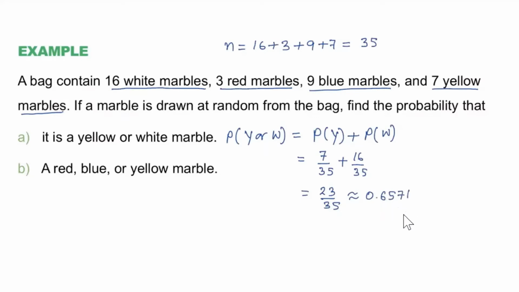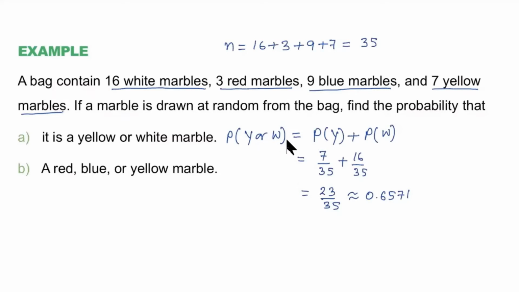Okay, so that is the probability, and always verify that after you calculate the probability, the answer must be between 0 and 1, which it is, so we got that right. So we use the addition rule for probability for mutually exclusive events, and here we have two events, probability of occurring yellow or white.